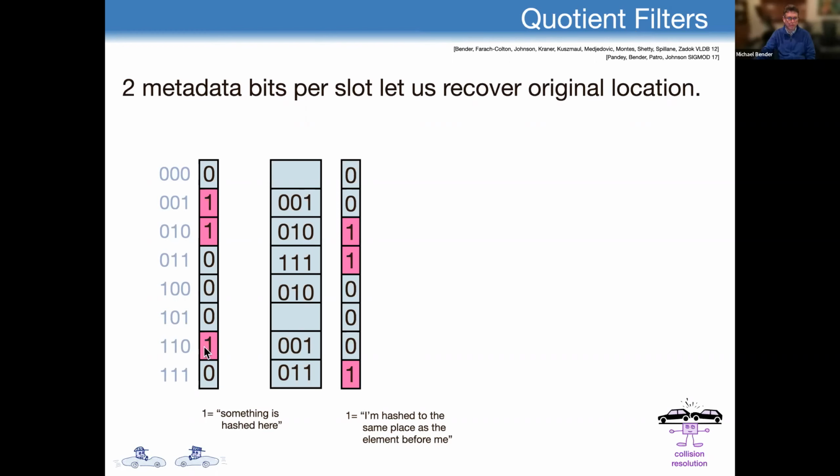So this column is the first group of metadata bits, and this is the second group of metadata bits. If there's a 1 in this first column, what that means is something is hashed here, and I'll explain what I mean more by that later. And if there's a 1 in the second column, it means I'm hashed to the same place as the element before me.